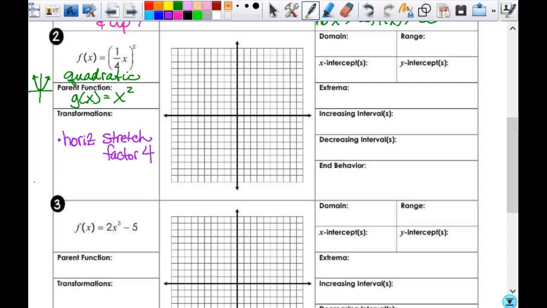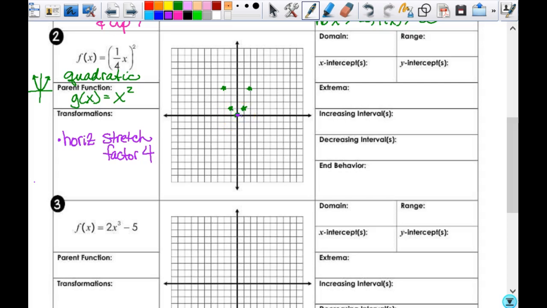Okay, good. All right, so we're going to points 0, 2, 4. I'm going to say 0, 0. Horizontal stretch of 0, so it's not very exciting.